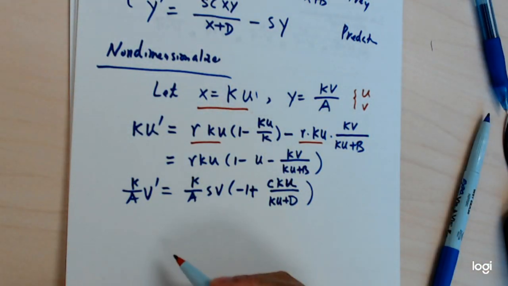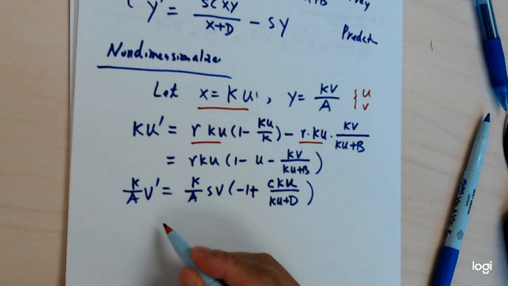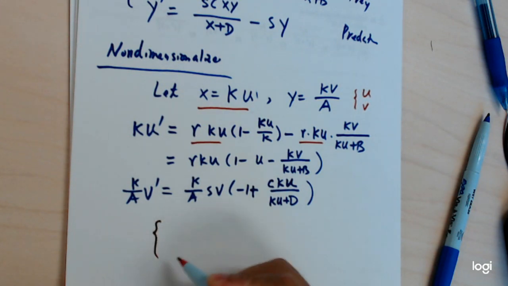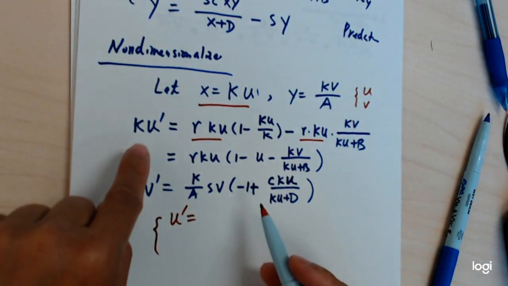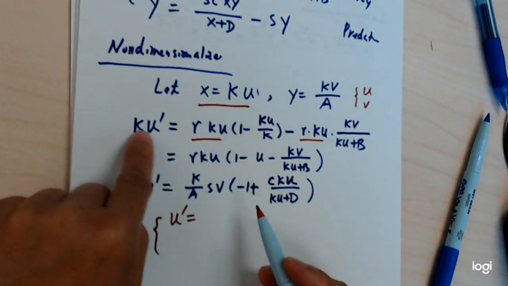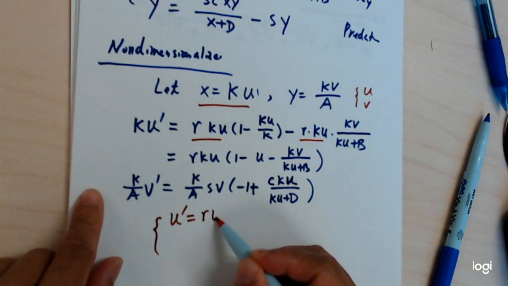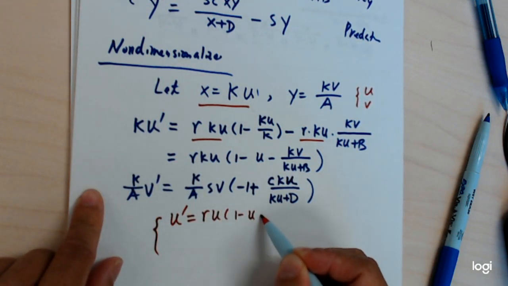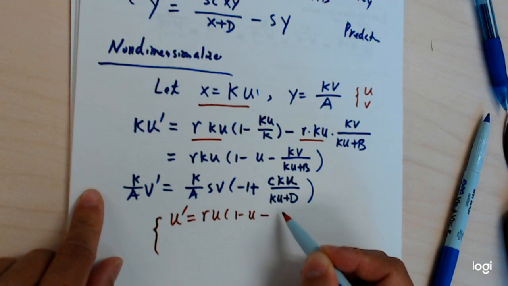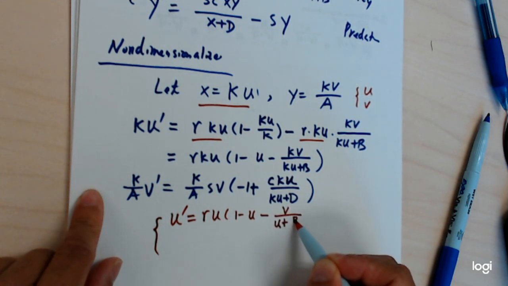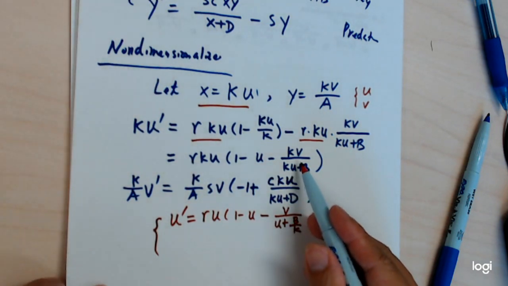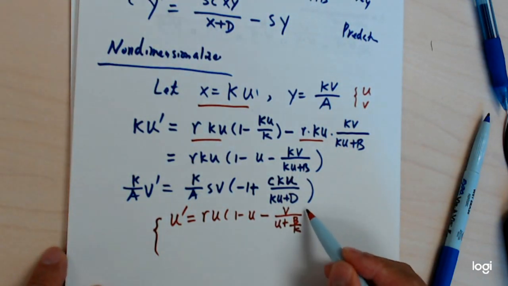So now we have a new equation for u and v. Cancel out the k here. So here I divide the top and bottom by k.